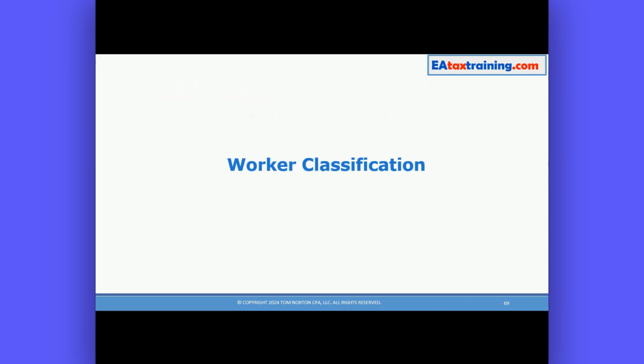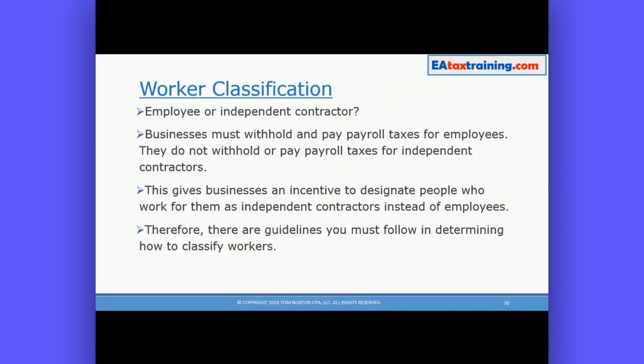Now we will move into worker classification. This is the last topic in this video, and it has to do with whether people who do work for a business are employees or independent contractors. So businesses must withhold and pay payroll taxes for employees, as we have just talked about. But they do not have to withhold or pay any payroll taxes for independent contractors.